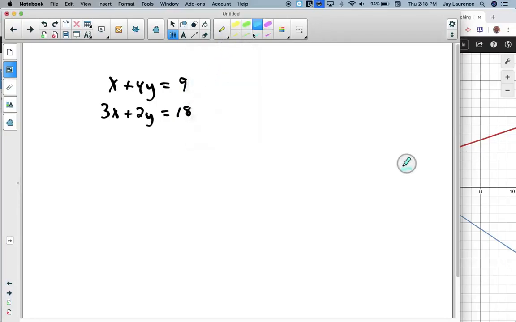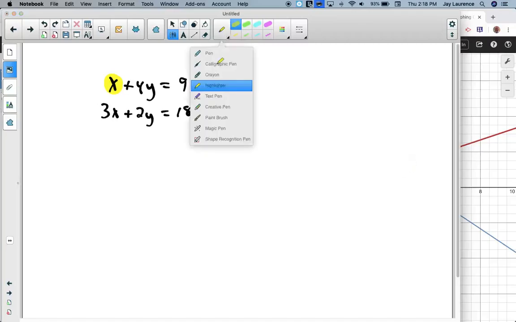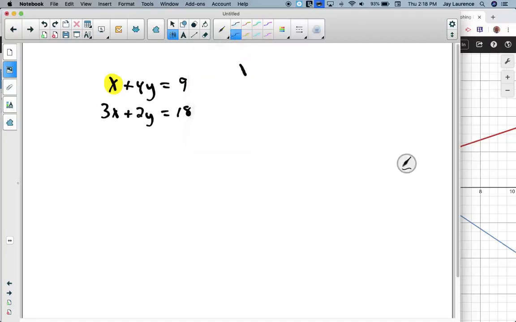But I'll bet you I am going to solve for this variable right here. Not because it's x, not because it's in the first equation, not because it's written down first, but because it's pretty easy to do. If I have x plus 4y equals 9, and I want to isolate the x, I'll subtract 4y away.